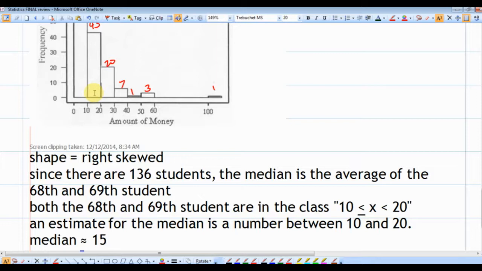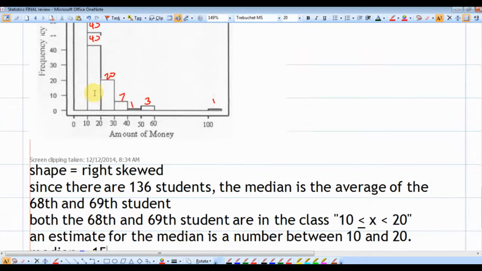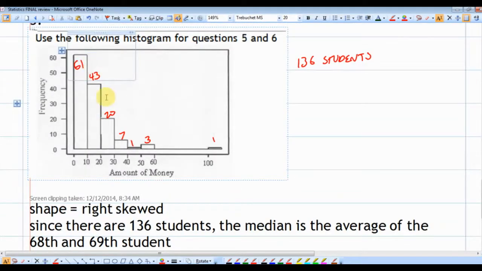Right skew, left skew. In my experience, skew tends to be the opposite of what students think it means.